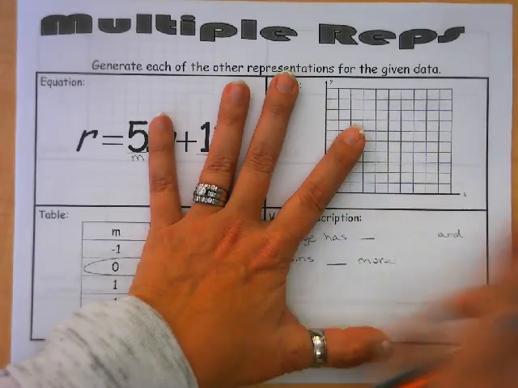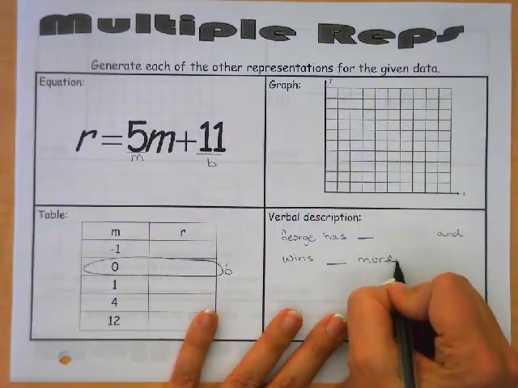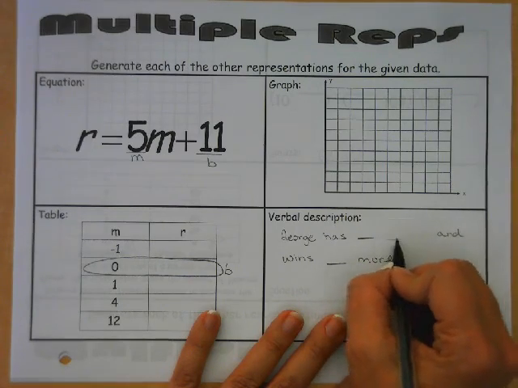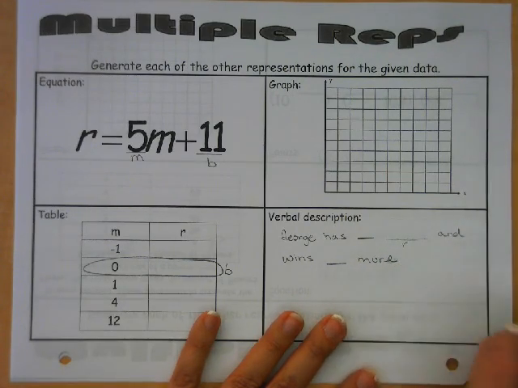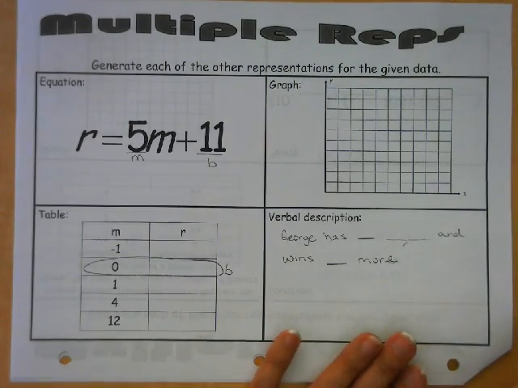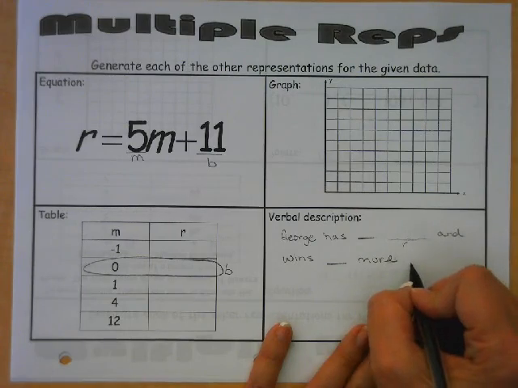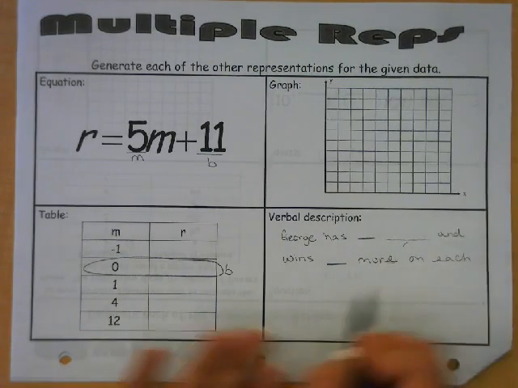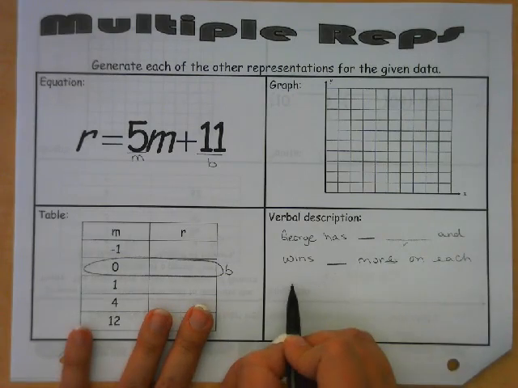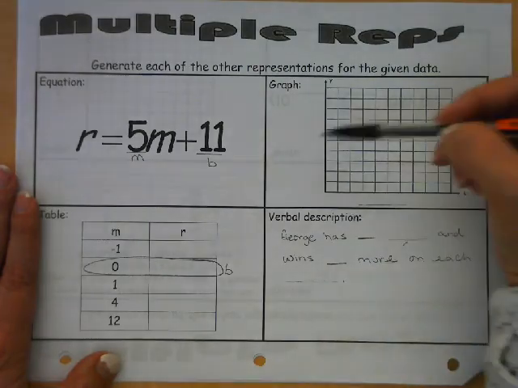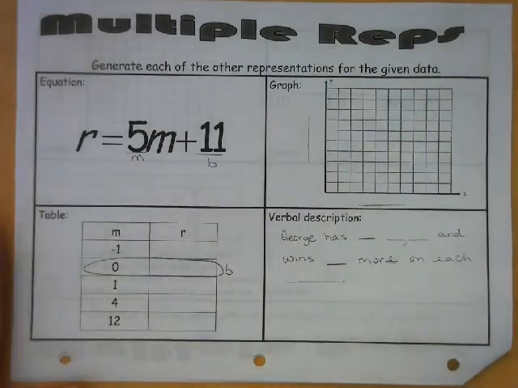Has blank something. You can fill in a word here. Has blank something that is an R. I don't know. And wins blank more on each blank. I don't know. Come up with something. Don't forget to do some labels here, and you can do your numbers. All right.